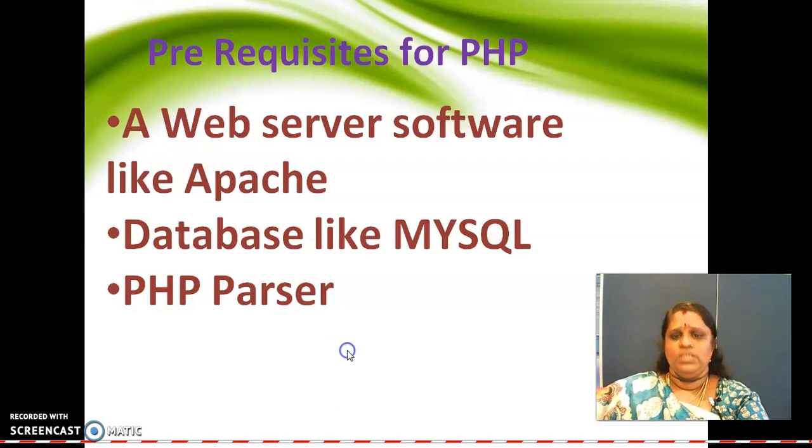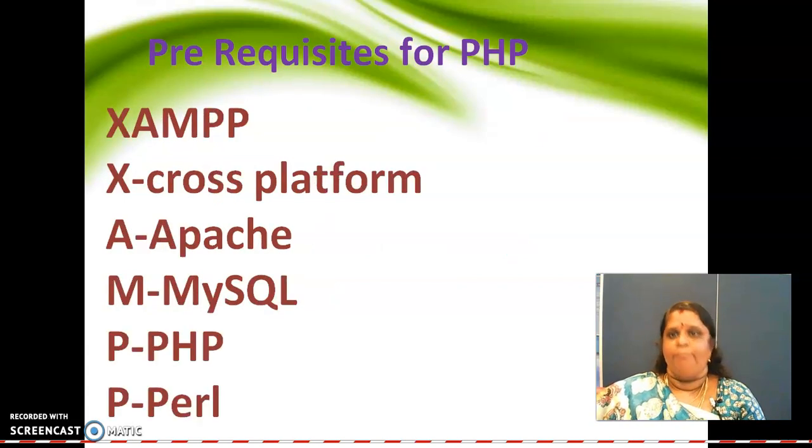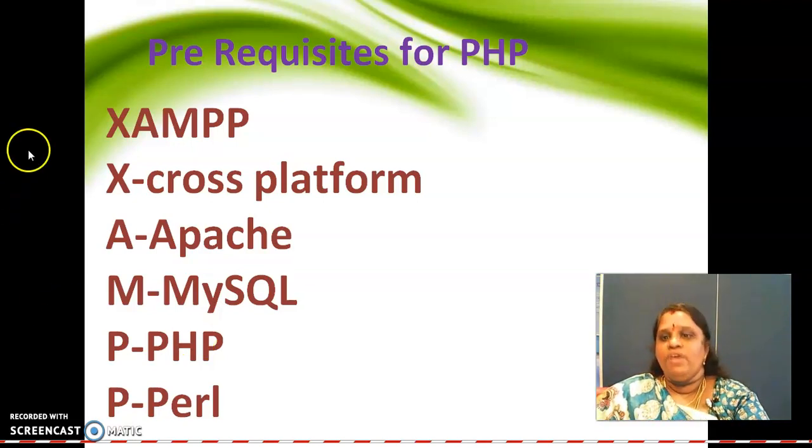The next one, I said before, is XAMPP. See, XAMPP, a prerequisite for PHP. X stands for cross-platform, A stands for Apache, M stands for MySQL, this P stands for PHP and this P stands for Perl.